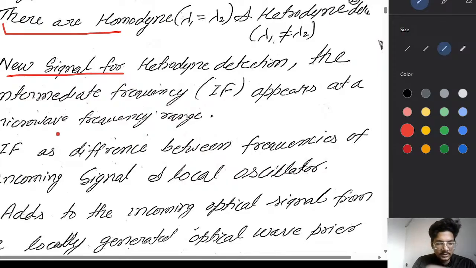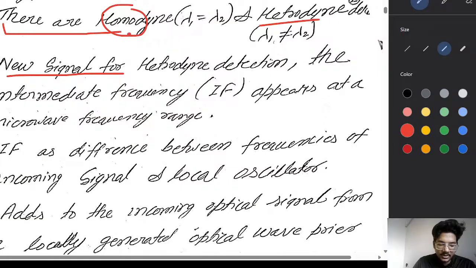Types of coherent detection: there are two types, homodyne and heterodyne.